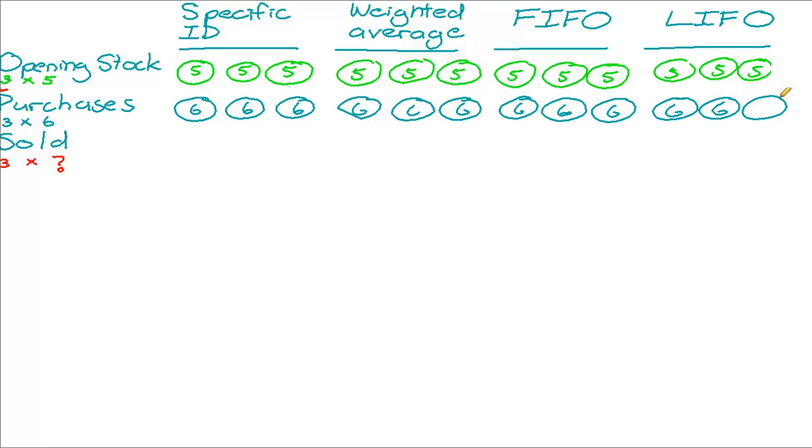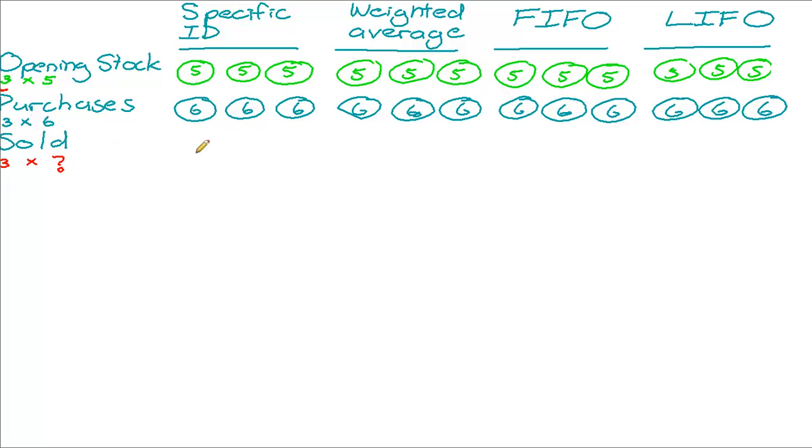So in total now we've got 6 pies in our oven that we can sell to customers. So let's assume that during our break time we sell 3 pies. Question is, which 3 pies are being sold under the 4 different methods, and at what price are we going to sell them?